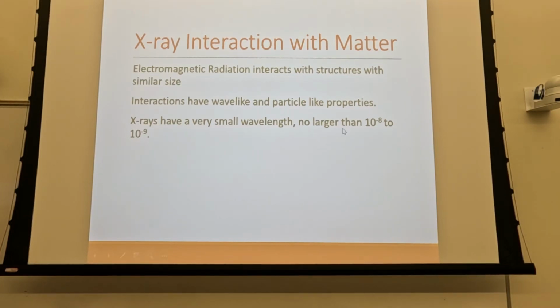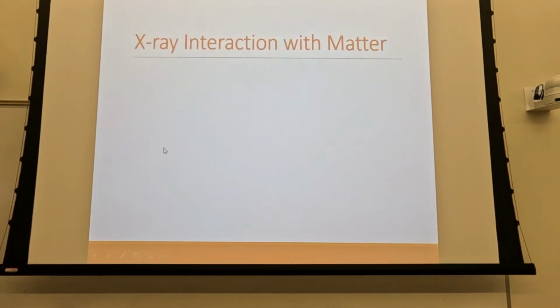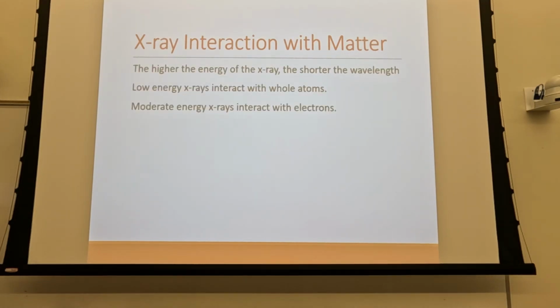Very small wavelength, no larger than 10 to the negative 8, 10 to the negative 9 power. So the higher the energy of the X-ray, the shorter the wavelength. Low energy X-rays interact with the entire atom, as opposed to the higher energy interacting with the electrons.